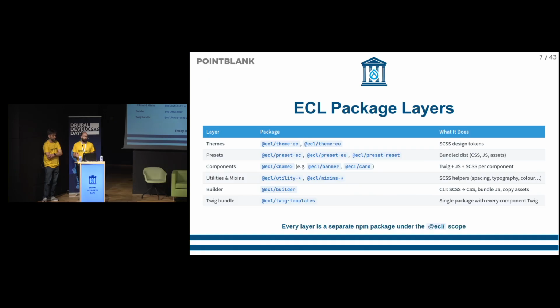You have the packages at the component level. Each component has its own NPM package and its own development track. And then, of course, you have utilities and mixins, and there is the builder that binds all these things up and creates the bundled assets. And, of course, you have the Twig templates.